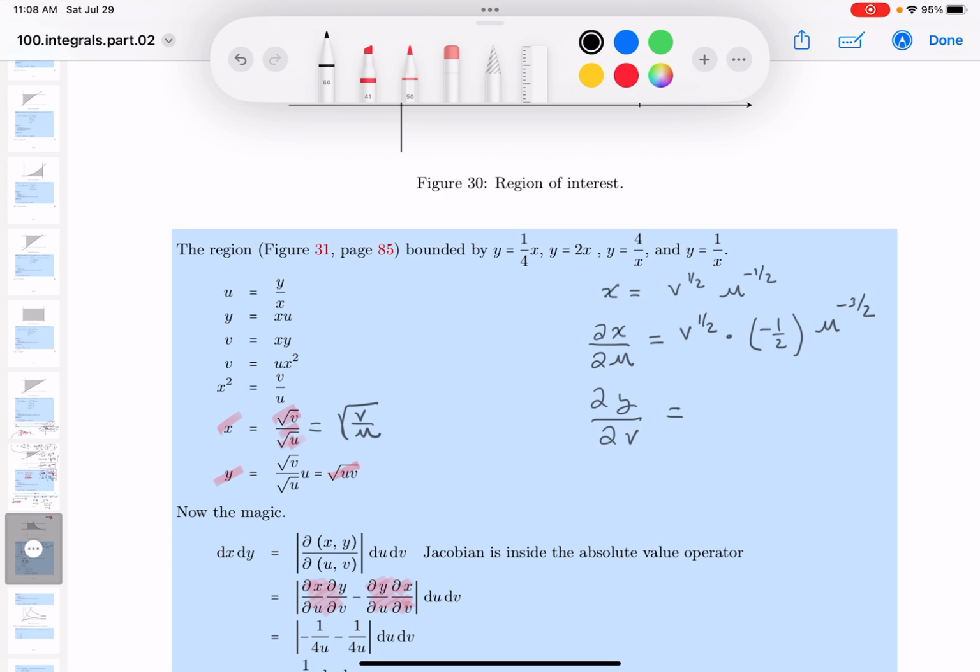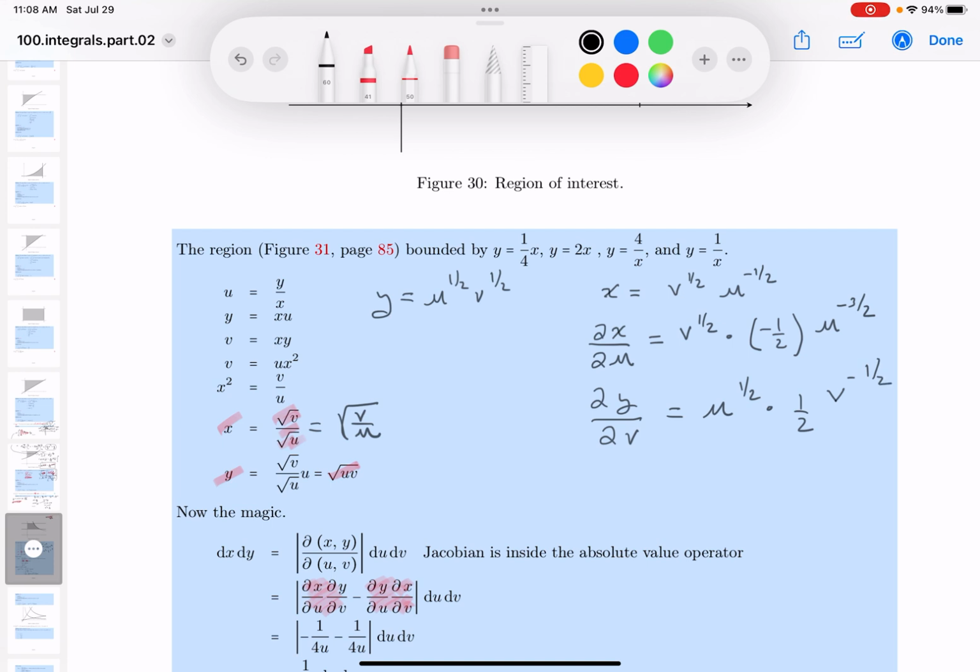All right, let's write that down. So y is, I'm going to say, u to the 1/2 and v to the 1/2. Let's write that down. So u is like a constant, and then times the derivative of v, which is going to be 1/2, and then it's going to be v to the minus 1/2.